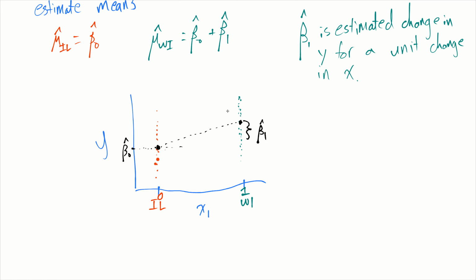And when x is 1, that is beta naught hat plus beta 1 hat. That's the sample mean for Wisconsin. So again, if our estimate for beta 1 hat is 0, or we can't find significant reason, it's not statistically clear that it's different from 0, we would conclude that they have the same means.